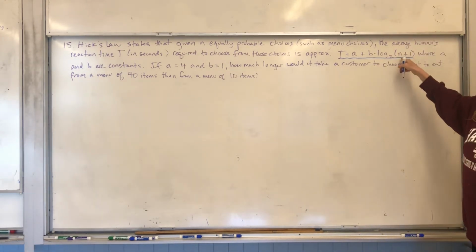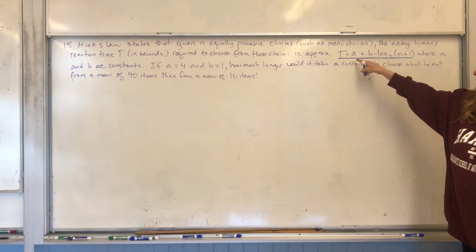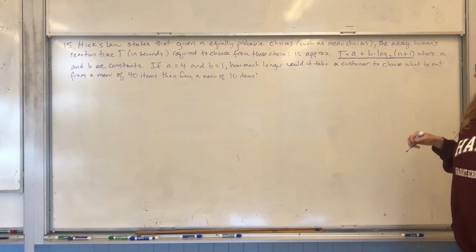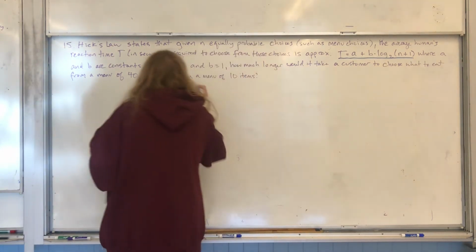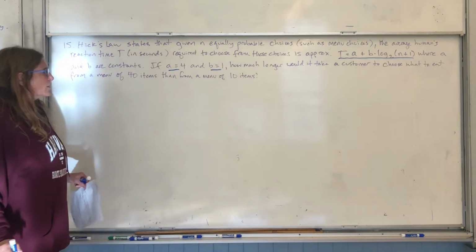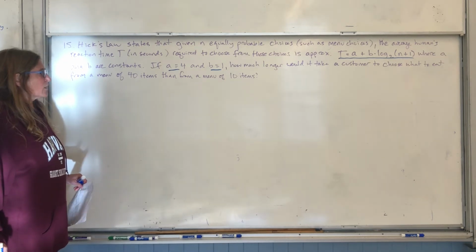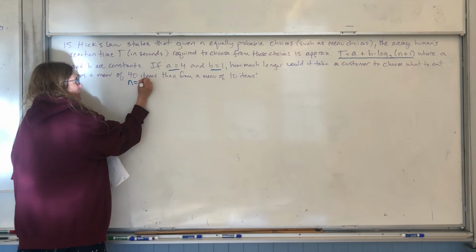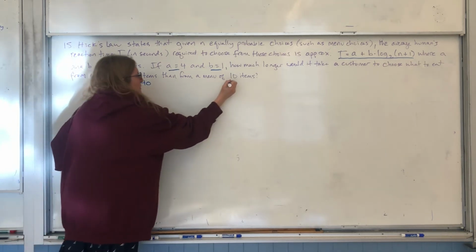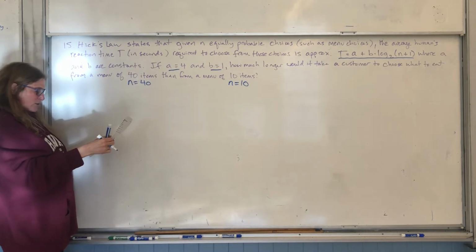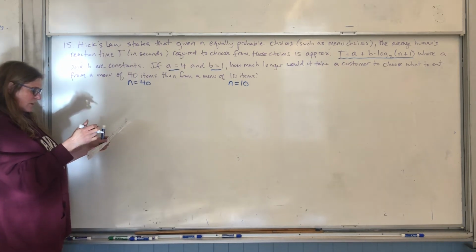N is the number of choices on the menu, and A and B are constants that they're going to be giving to us. Here they're saying A is 4 and B is 1. They want to know how much longer it would take a customer to choose what to eat if the menu has 40 items versus if the menu has 10 items. So we need to do 40 items and we need to do 10 items.